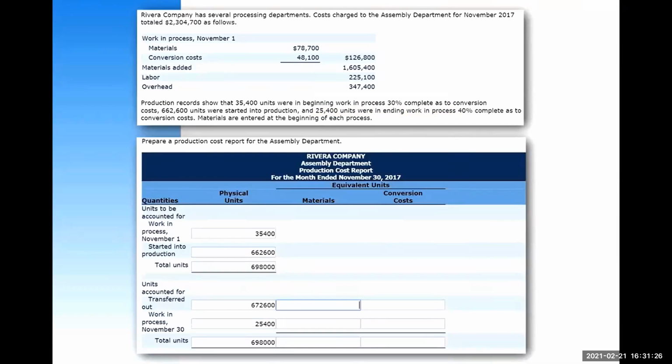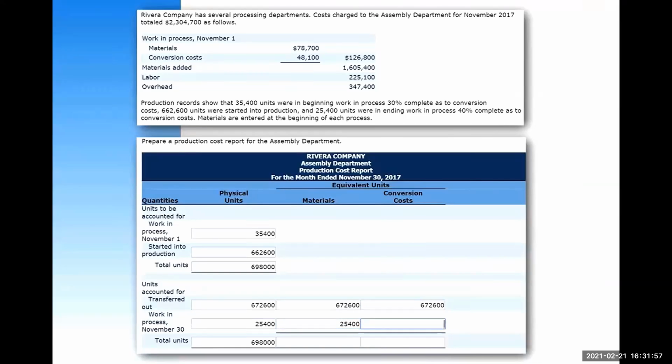We know that for the units transferred out, they were complete with regard to both materials and conversion costs. So that would be 672,600 for each. Then, with regard to the ending work in process, these 25,400 units were 100% complete with regard to materials. So that's 25,400.